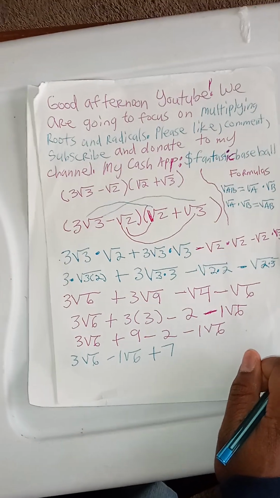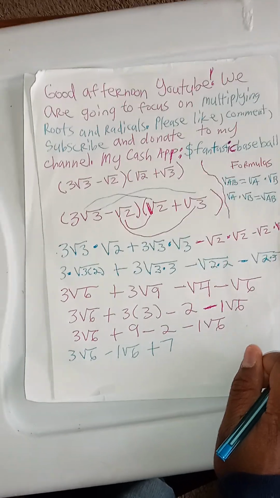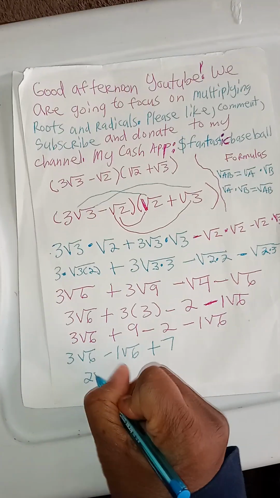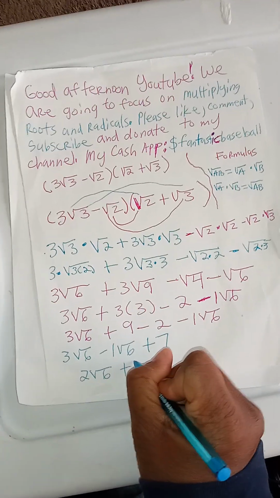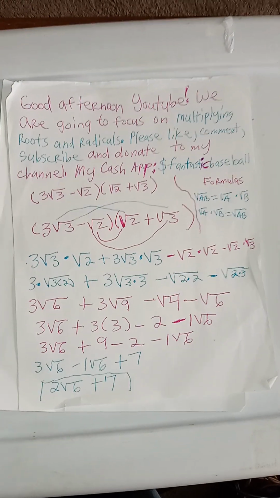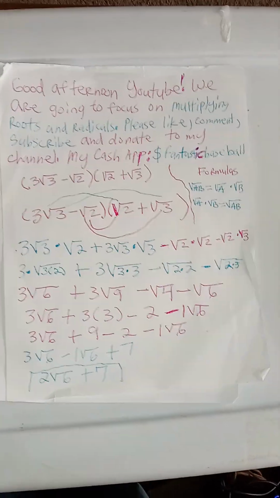So 3 square root of 6 minus 1 square root of 6 will yield 2 square root of 6, and then plus 7. This is our final step to the problem, which is the solution of 2 square root of 6 plus 7.